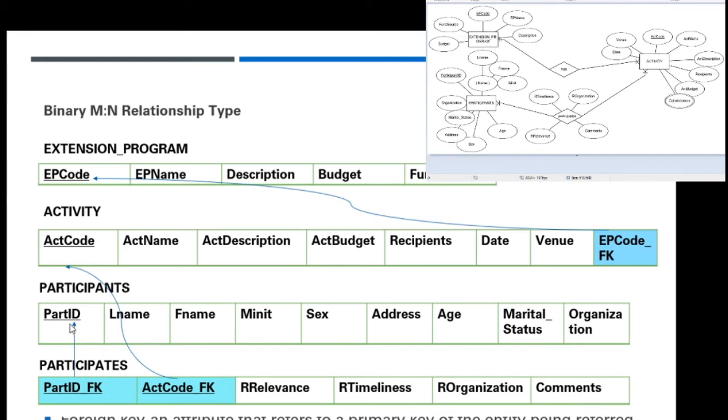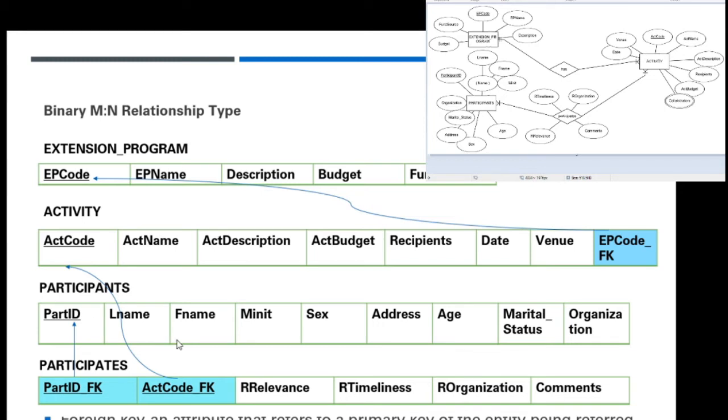And then after that, the primary keys of those relations involved in the relationship will be your primary key. The combination of both will be your new primary key, and these are also foreign keys.